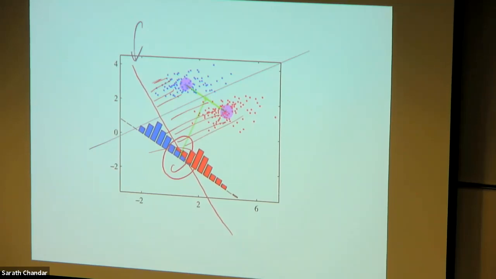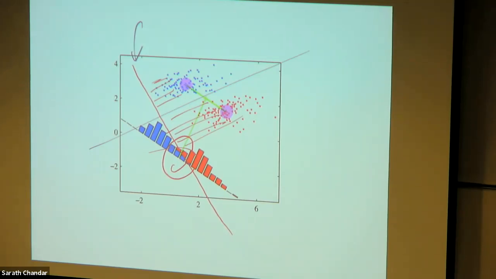Now you want to maximize the separation between the means, but at the same time, you want to minimize the variance within the data. You want to shrink the data when you're projecting, as close as possible to the mean, so that the classes get separated out. Is that clear?